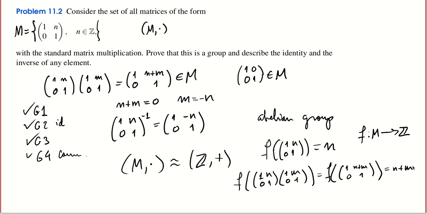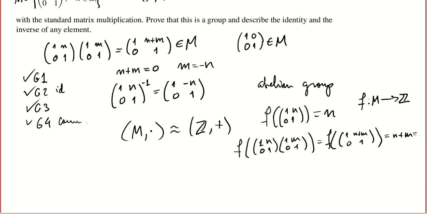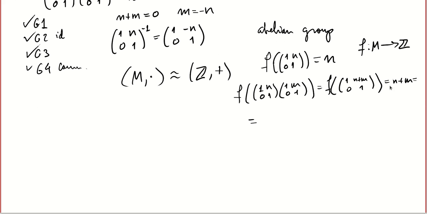Here n is the image of this 1 n 0 1, and m is the image of this 1 m 0 1. So you see that the image of a product in the first group is equal to the product of the images in the second group here. So this is an isomorphism.